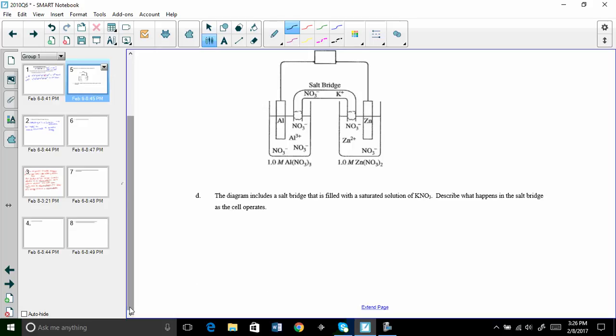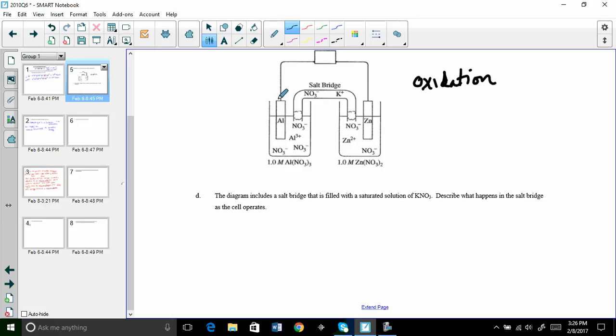So let me just get this. Here's the deal. Everything starts with oxidation because oxidation is loss. The aluminum has to lose the electrons before zinc can get them. Now, in our example, you can see that aluminum is oxidized because it's going from 0 to +3.